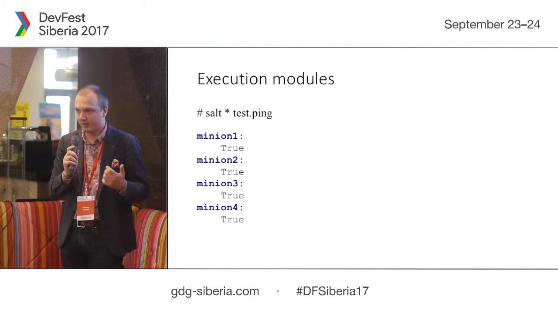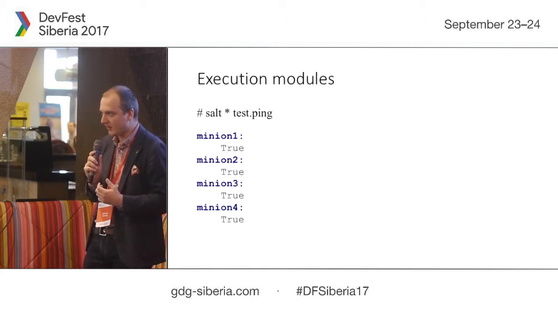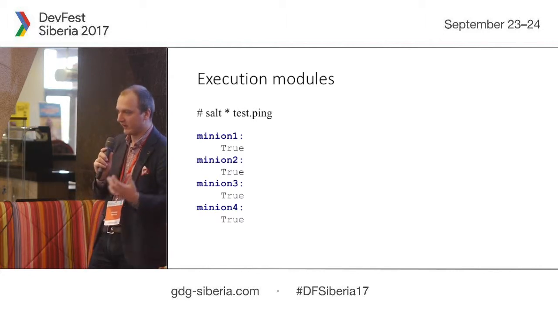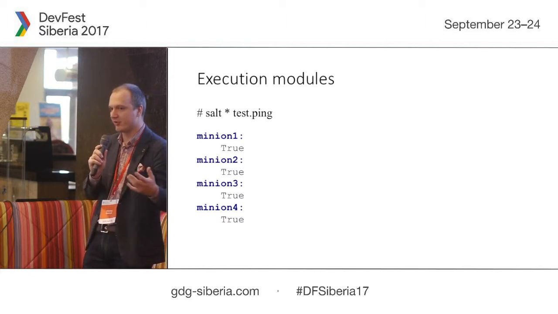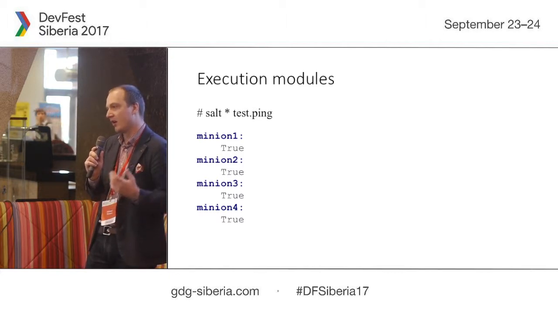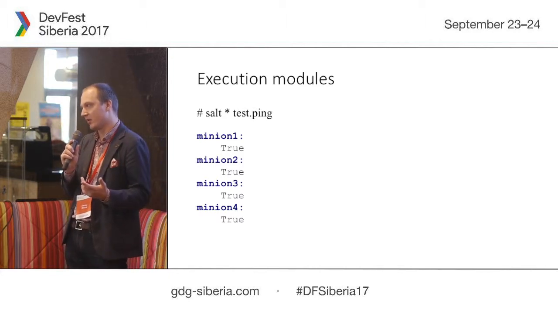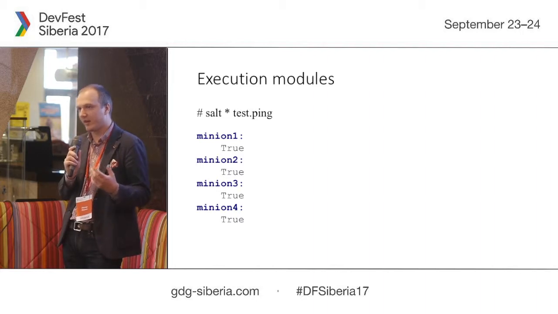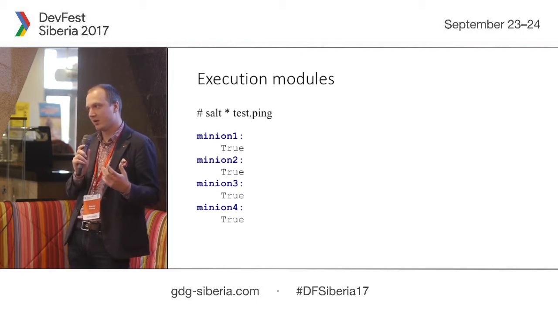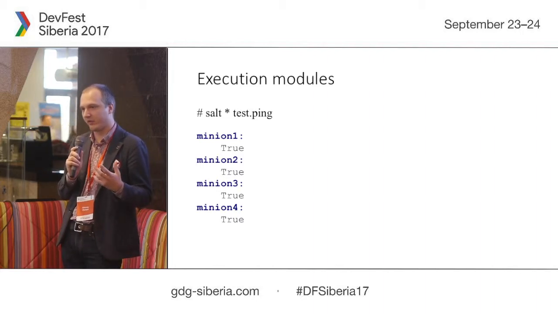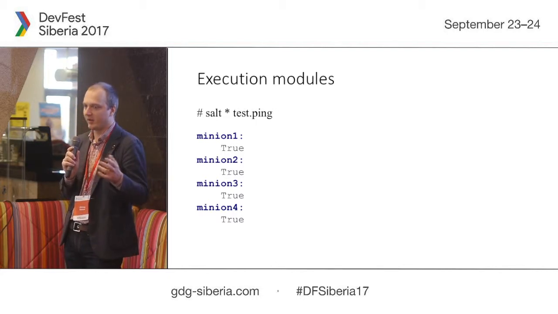So this command, which is listed here, begins with salt. This is a command line utility, your bridge to Salt Master. The star means that this is the targeting expression. The star means execute stuff on every minion you have. It can be a little bit more complex.